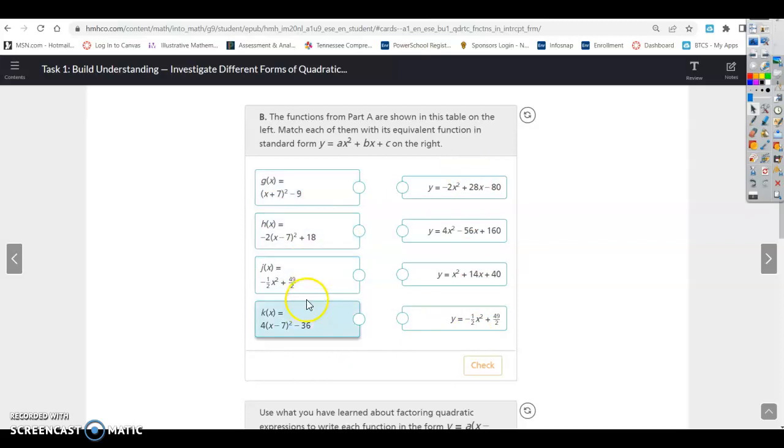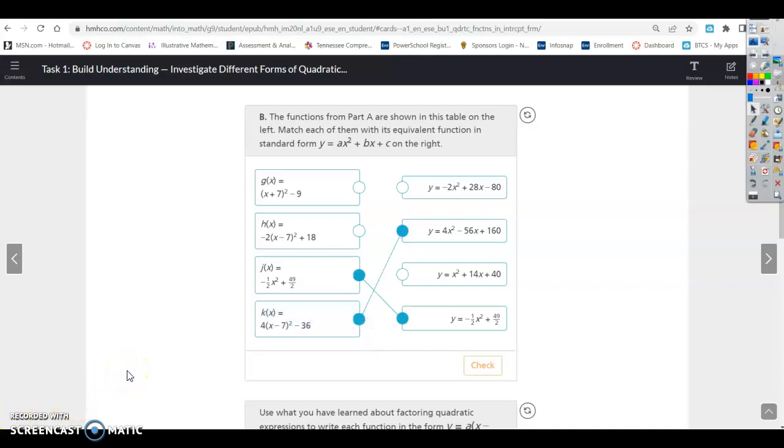So let's look and see if there's anything. Well, these two are very easy to locate because this one doesn't really have a vertex form where it doesn't have a linear term. So that one's going to match there. We know this one's going to have an a of 4. So that means it's going to have to go here.